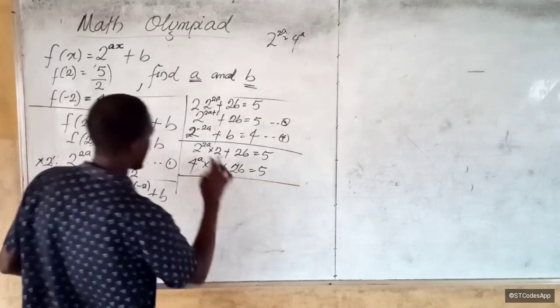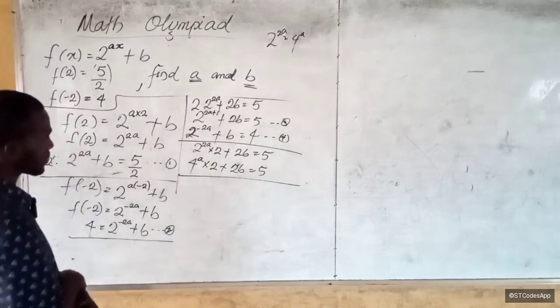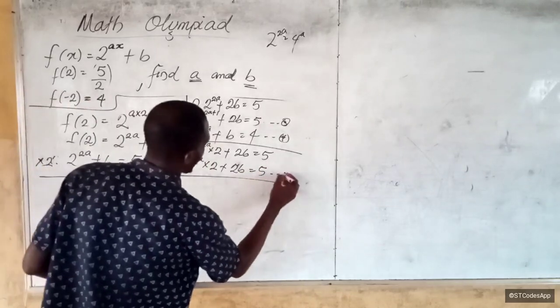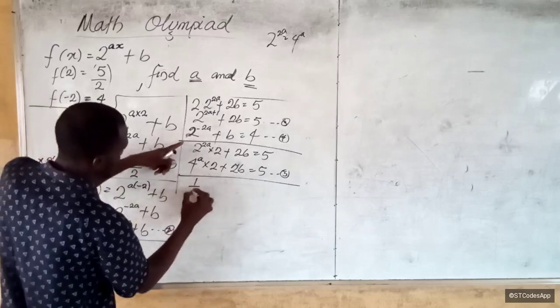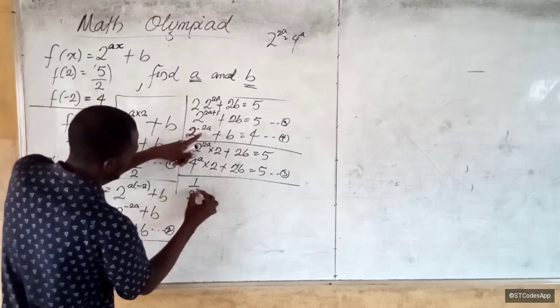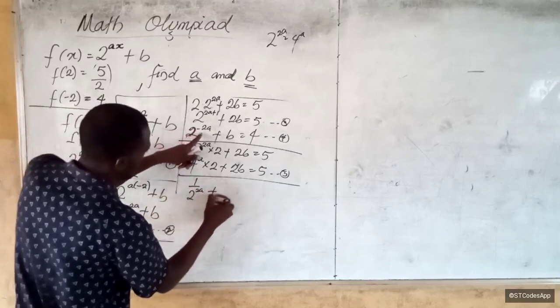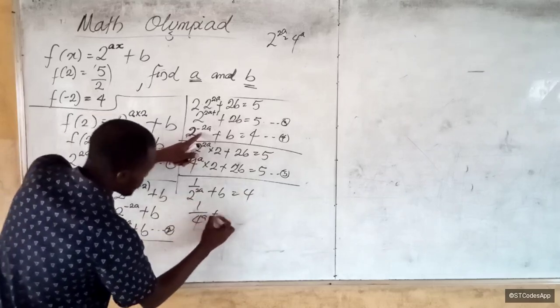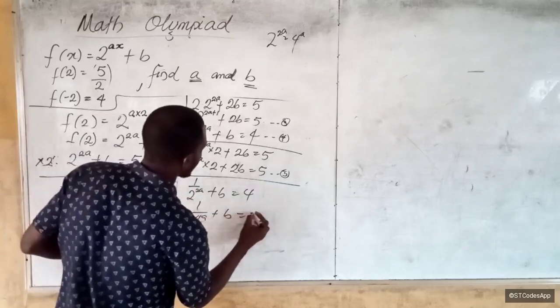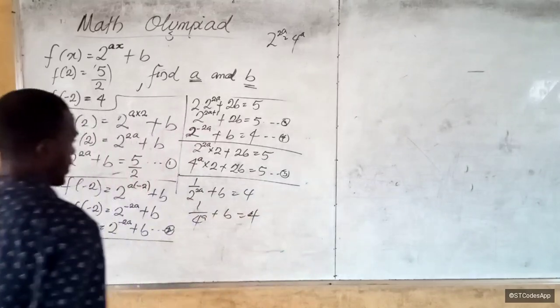Good. So this becomes our equation 5. We can also make the other equation look that way, so that we have 1 over 2 raised to the power of 2a, isn't it? Plus b is equal to 4. So this becomes 1 over 4 raised to the power a plus b is equal to 4. All right.